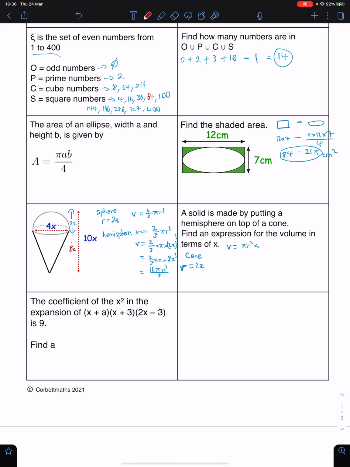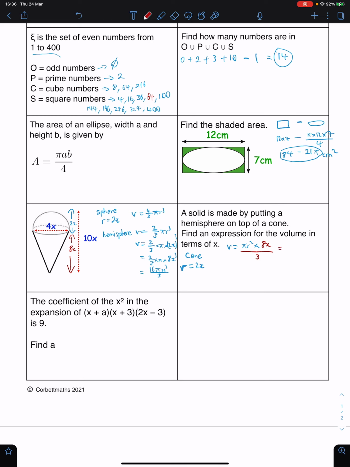So pi r squared times by the height, which in this case is 8x, and then divided by 3. So the formula for the volume of a cone is the area of the base face times by the height divided by 3. In fact, that's for pyramids in general, for the area of the base face. But in this case, the area of the base face is a circle.